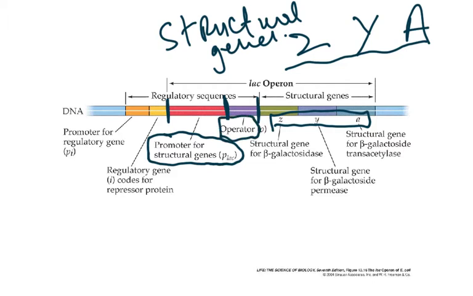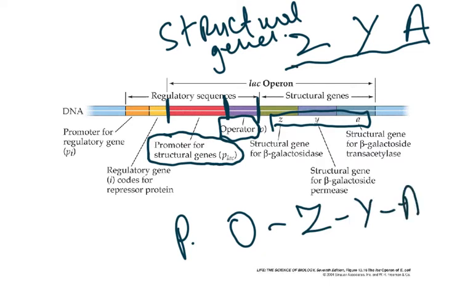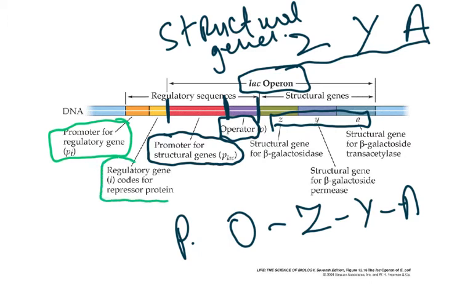So the promoter plus the operator plus Z, Y and A, this is called the Lac Operon. But before that, I want you to also understand this is the promoter for a regulatory gene, and this is the regulatory gene which codes for a repressor protein.